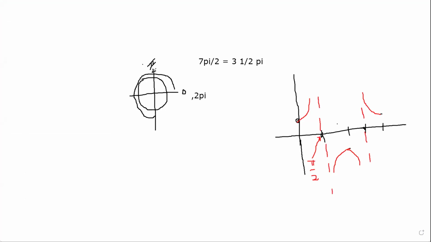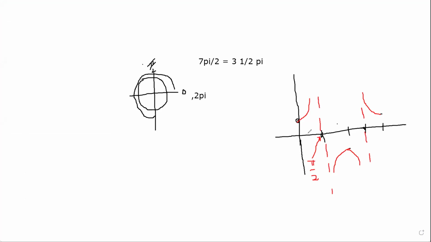This is pi over 2 at the top, right? 7 pi over 2 is 3.5 units of pi. So I've gone around the circle once already, and I'm going another 1.5 pi, which puts me down here at negative 3 pi over 2.